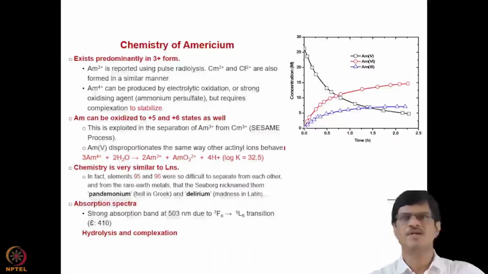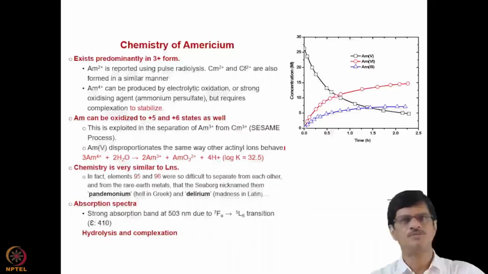Curium 2 plus and californium 2 plus are also formed in a similar manner. Americium 4 plus is again an unusual oxidation state of americium, and it can be produced by electrolytic oxidation or a strong oxidizing agent like ammonium persulfate, but requires complexation to stabilize. Americium can be oxidized to the plus 5 as well as plus 6 oxidation states, where you get species like AmO2 plus for the plus 5 oxidation state and AmO2 2 plus for the plus 6 oxidation state.